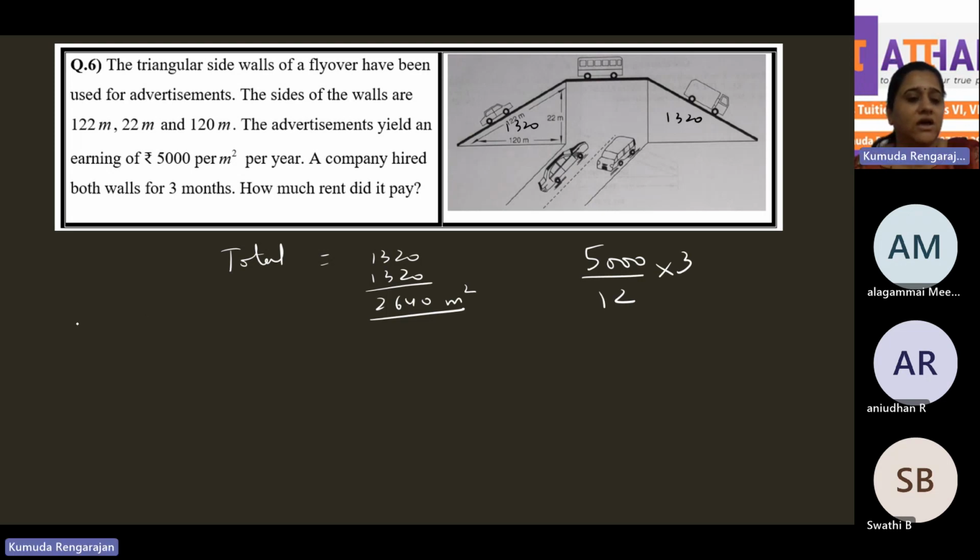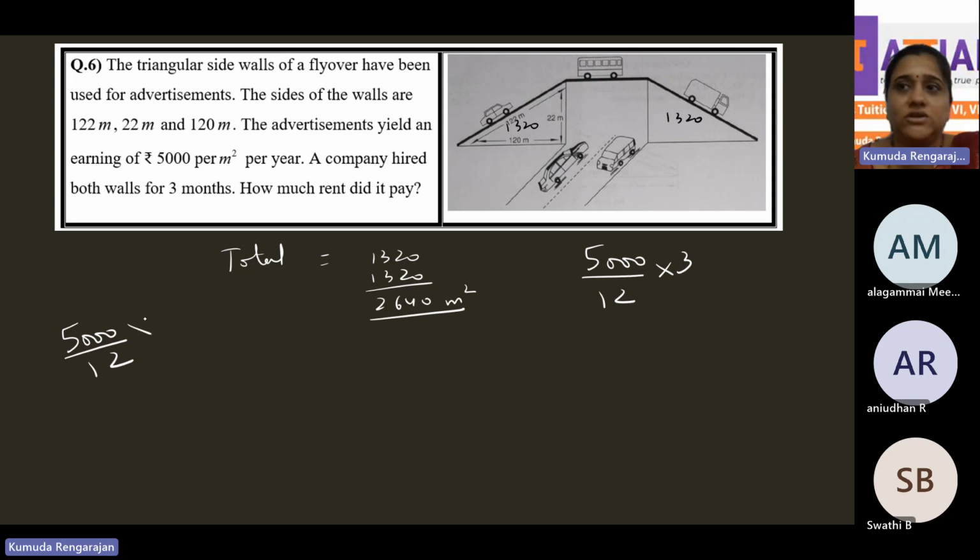I'll do it again. 5,000 rupees is for 1 meter square, and it is for 12 months. Now let's find out for 1 month. 5,000 is for 12 months, so divide by 12 for 1 month.